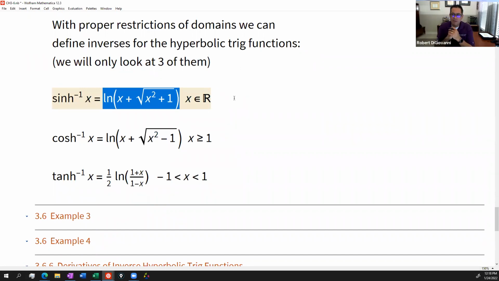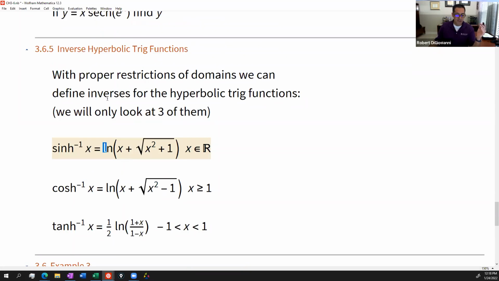Why do you think there's a natural log in the hyperbolic inverse function? What did the hyperbolic sine function have in it? It had e to the x's in it, right? So the inverse of that should involve natural logs because the natural log is the inverse of e to the x. So it should not surprise us to see natural log.